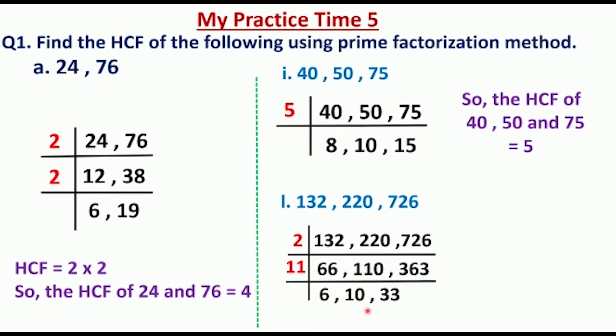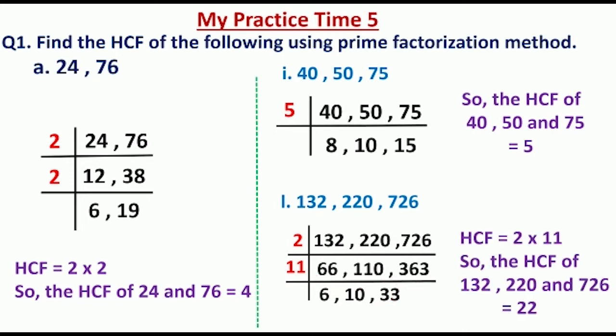When you divide 363 by 11, you will get 33. So the HCF of 132, 220 and 726 will be 22. 2 into 11, you will get 22.